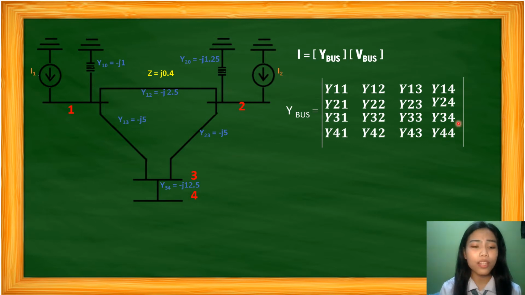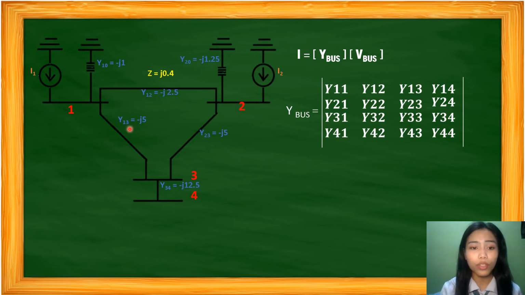They represent the admittance of a particular bus. It is essentially equal to the sum of all the admittances connected to a bus. For example, for y11, we have admittances y10, y12, and y13.